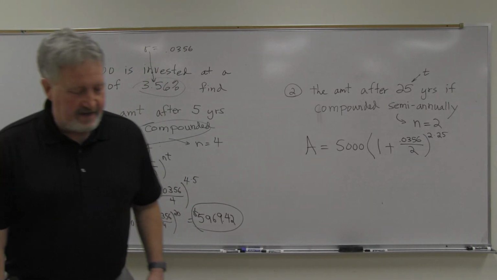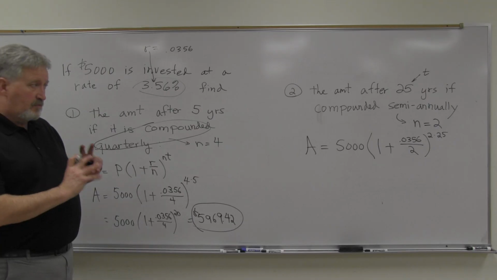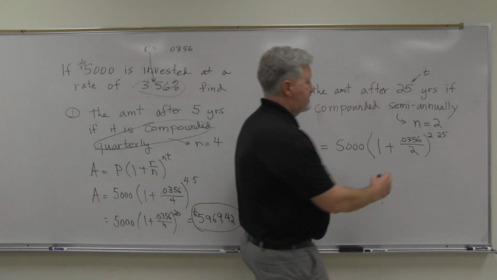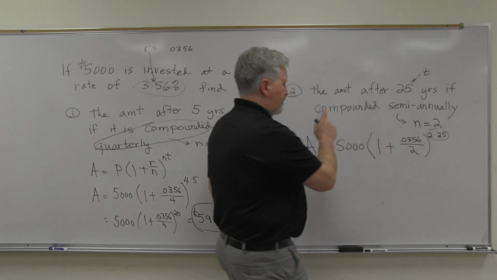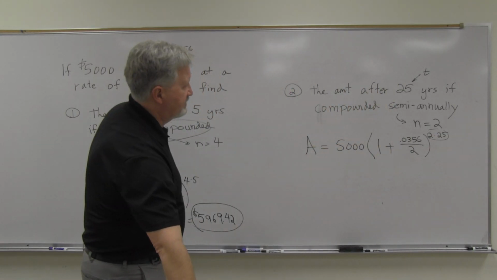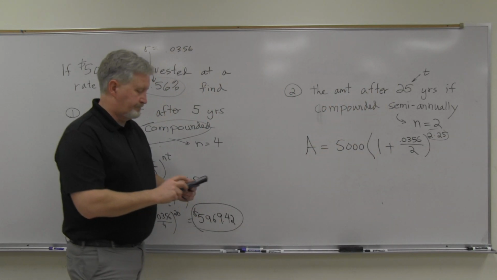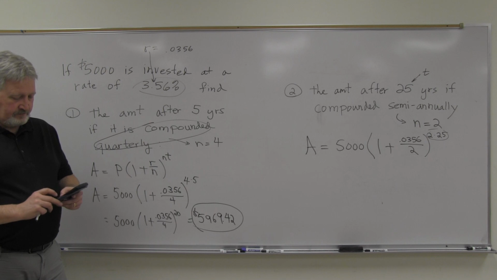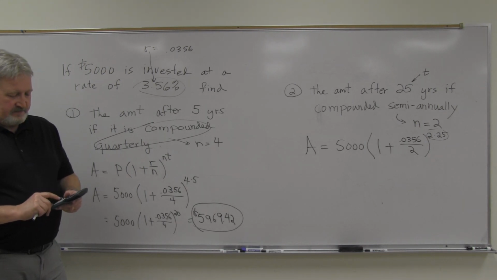That's pretty much how I do it. Just multiply this out to 50, so I'll put it in just like that and raise it to the 50th power. Okay? See what you get. See if yours matches mine. 5,000 parentheses 1 plus 0.0356 divided by 2.